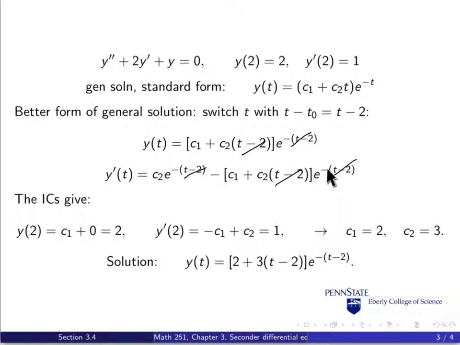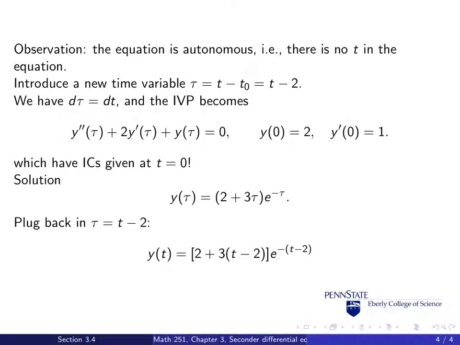Let's be a bit more abstract. We make the observation that the equation now is autonomous. Remember this concept? We say an equation is autonomous if the time variable t does not appear in the equation. This equation is constant coefficient, so there's no t in it.